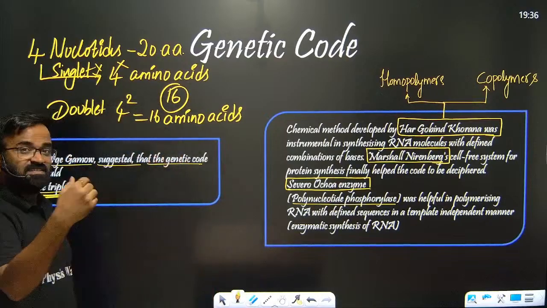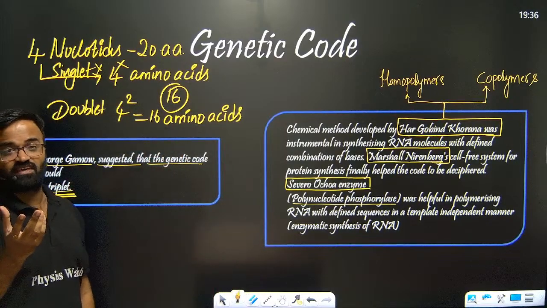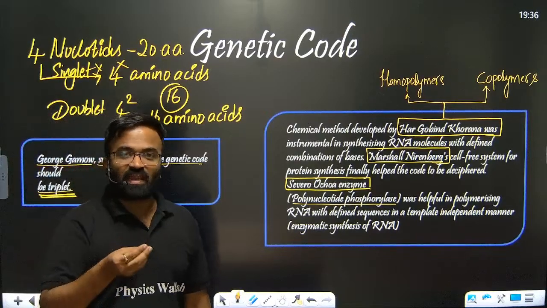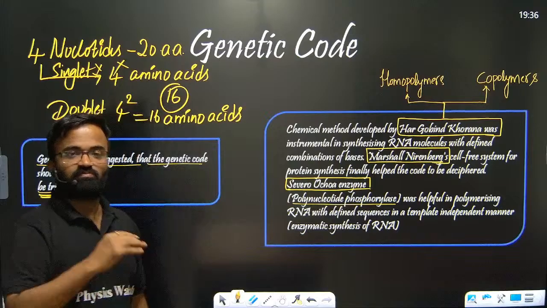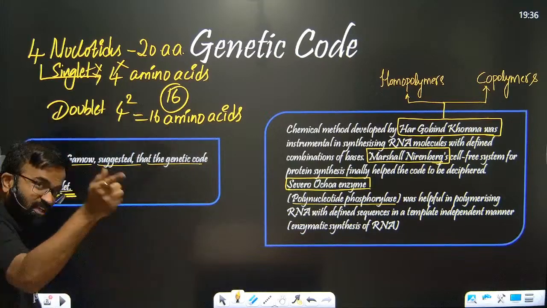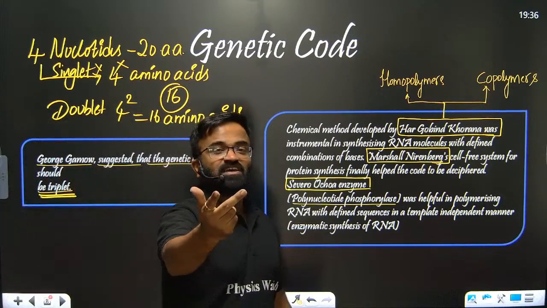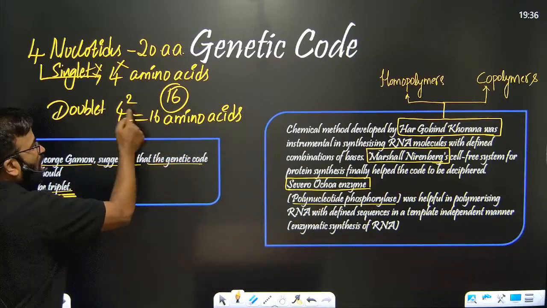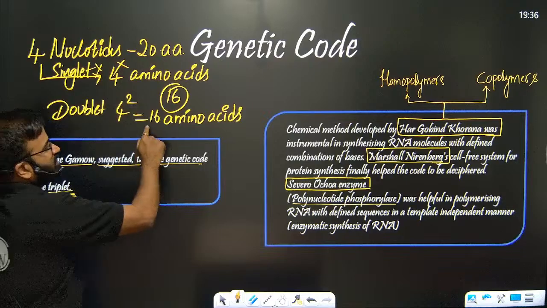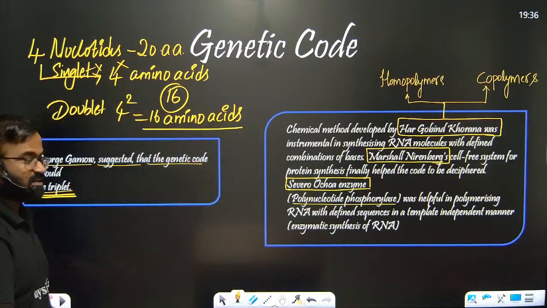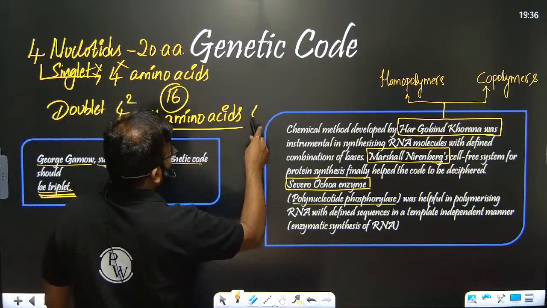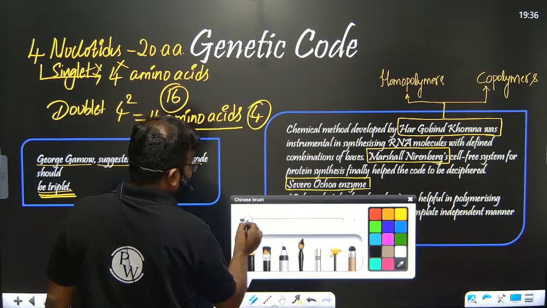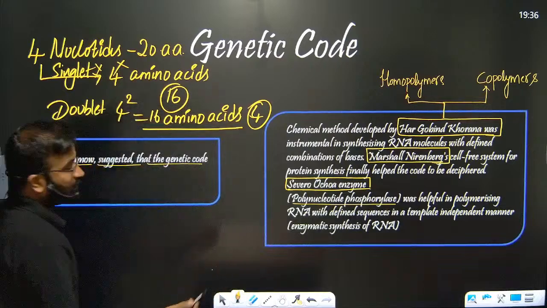Only 16 amino acids. See here, sometimes you need to read the lines in between, beyond and above. What if genetic code is doublet? All we can code with the 4 nucleotides is 16 amino acids, and 4 amino acids will be left over. So genetic code can't be a doublet.